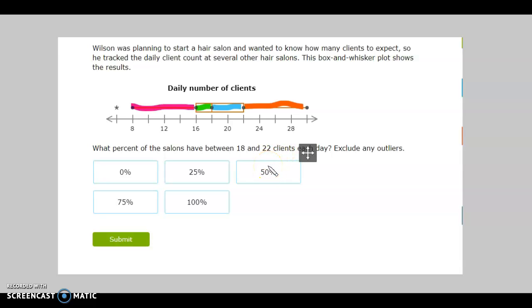So it just wants to know what is between 18 and 22 clients. Well, that is just this blue section here, from 18 to 22. So that is only one piece, and each piece is 25%. So I just have 25%.